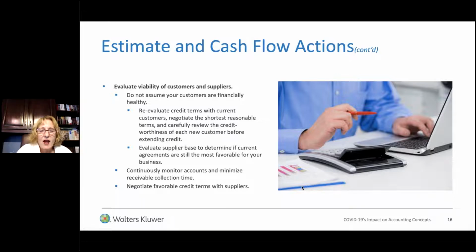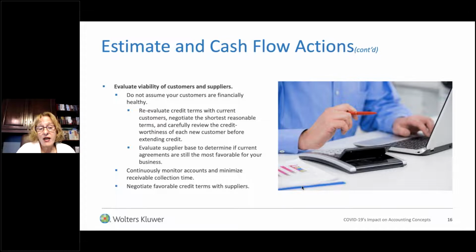Well, that's not adequate right now. Things are changing so quickly. You need to reevaluate, take out some of your contracts, reevaluate credit terms with current customers, and negotiate the shortest reasonable terms that you can get to make your cash flow more effective. Carefully review the creditworthiness of any new customers before extending them credit. You want to make sure that they have the ability to pay.